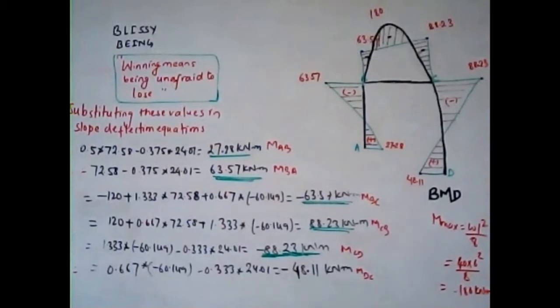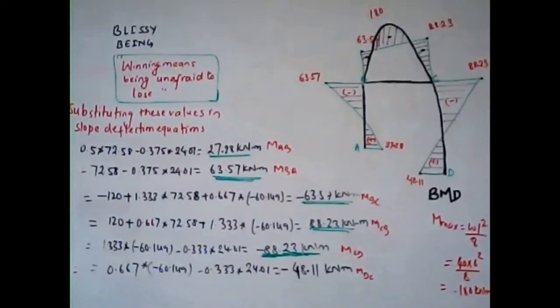Likewise in BC, at joint B we have a moment of 63.57 that is negative, so we have plotted it in the upward direction. Likewise in the CB section there is 88.23, but CB is taken as negative, so 88.23 upward.